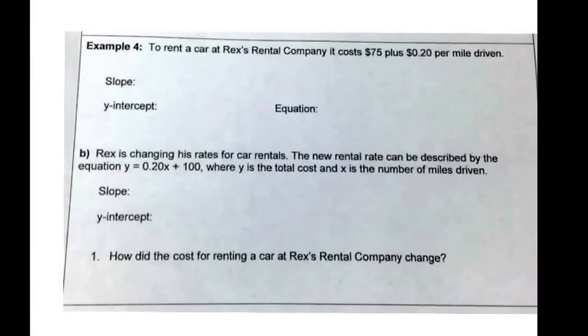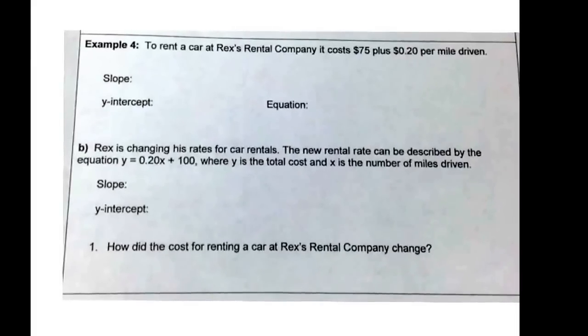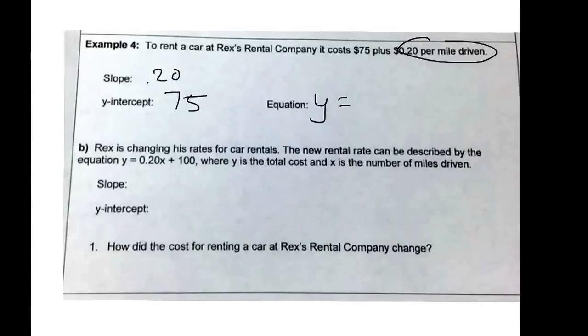All right. To rent a car at Rex's rental car costs $75 plus 20 cents per mile. So there's your per, that's your slope, 20 cents, and a $75 flat fee. So it's y equals 0.20x plus 75. Rex decides he wants to change his rate. The new rental rate can be described by the equation y equals 0.20x plus 100, where y is the cost and x is the number of miles driven.